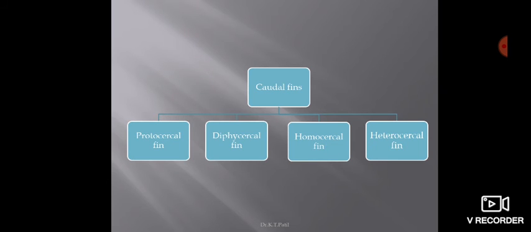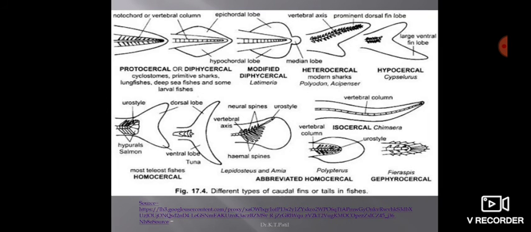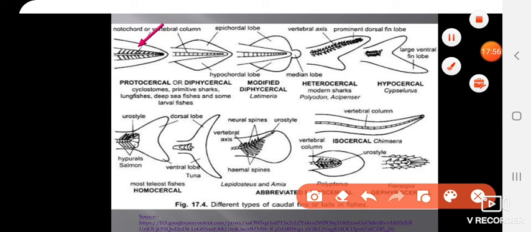Then caudal fins. Caudal fins have four types: protocercal, diphycercal, homocercal and heterocercal. In protocercal, the vertebral column runs up to the tip. Then diphycercal, the vertebral column runs up to the tip and divides into two equal parts, upper epicaudal and lower hypocaudal.